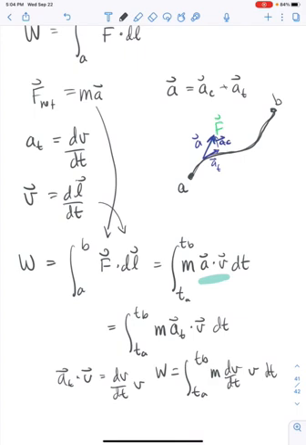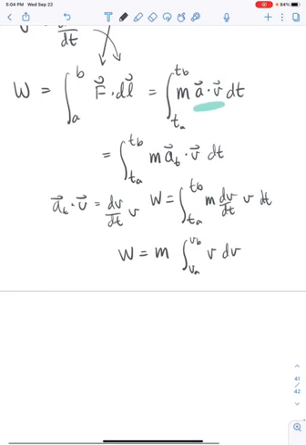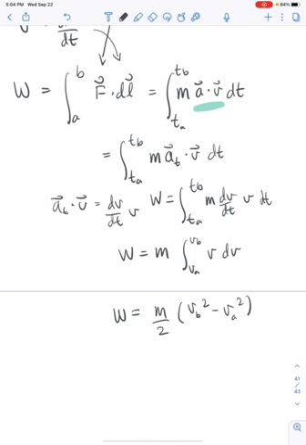Okay, and now we can realize that this equation is also m times the integral from v_A to v_B of v dv, okay? And so now, let's do this integral of v. That integral is just 1/2 m times (v_B squared minus v_A squared), okay?